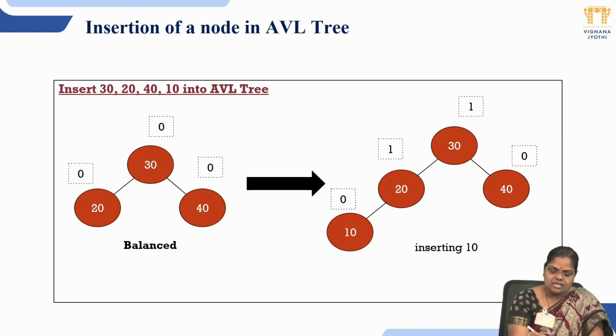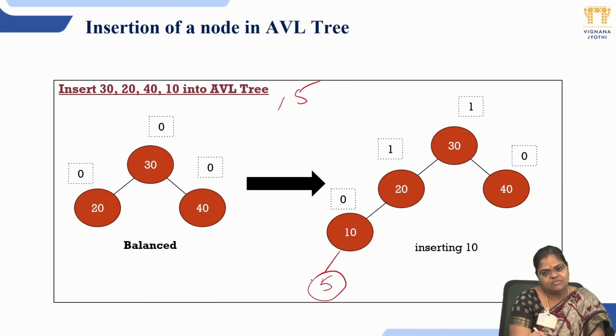Now I assume that in this case, if I insert one more node called 5, it will be inserted as a left child for node 10 based on the property of binary search tree. Now if we recalculate, this will be 0, this will be 1, this will be 2, and this will be 3 minus 1, that is 2, where now we got a pattern of imbalance.